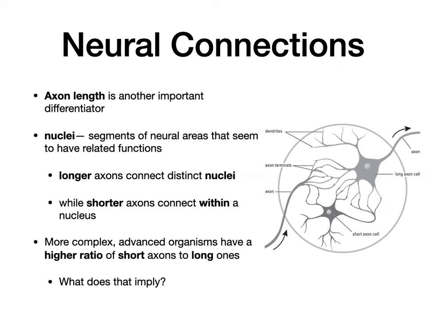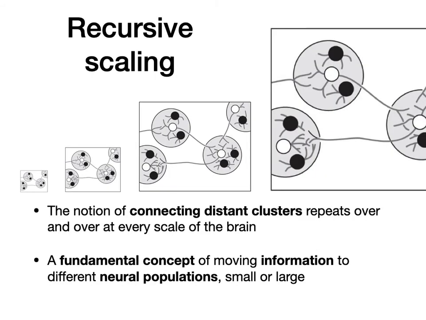Now, think about this in terms of recursion. The idea of connecting distant clusters, so one nucleus to another, that is kind of the whole thing, right? So we are connecting one nucleus to another nucleus, a small one, but that itself can be nested within a larger structure.